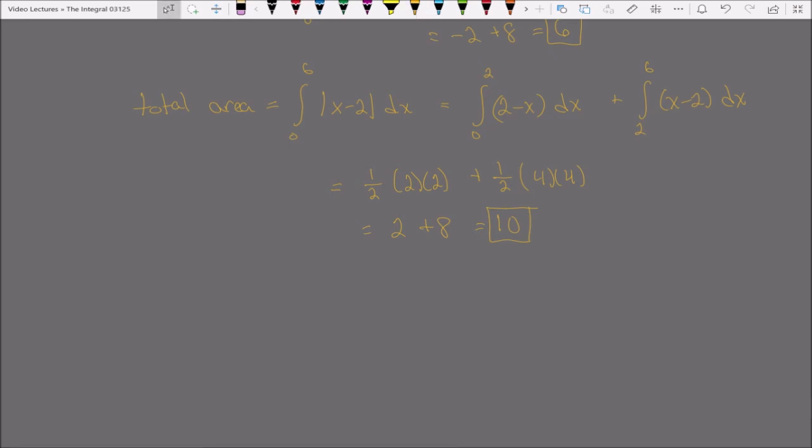And that concludes our look at the area problem. Now, you should notice that calculating definite integrals via Riemann sums is extremely tedious, and for a lot of functions, downright impossible.